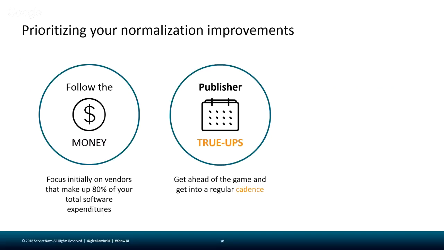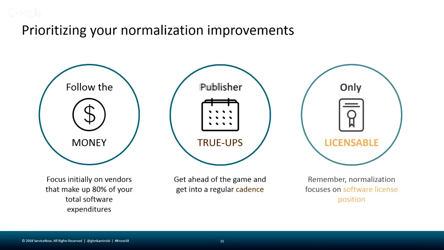It becomes less of an event, less of a fire drill. You can be ready on a regular basis because you're actually running through these processes and making these improvements on a scheduled cadence.